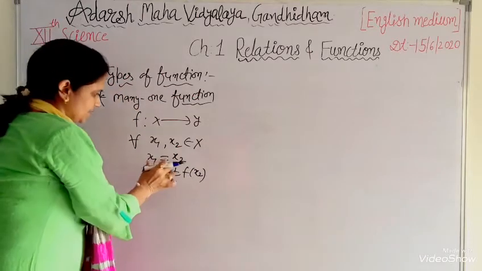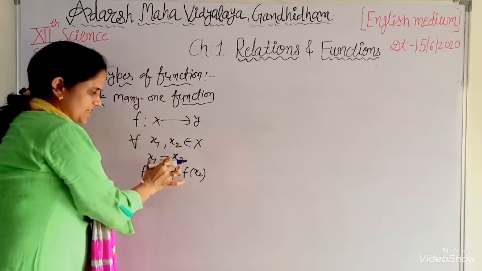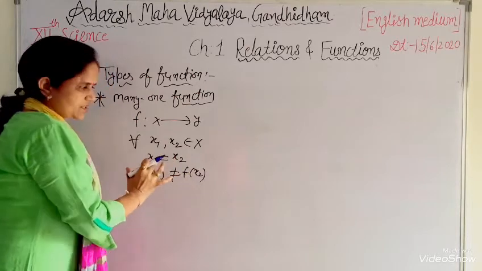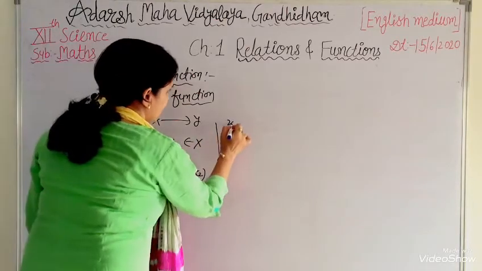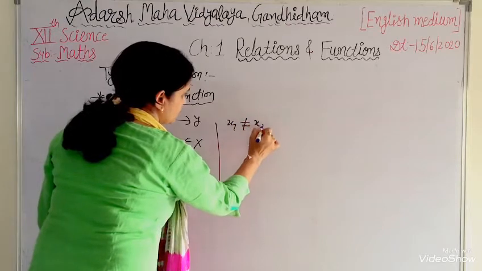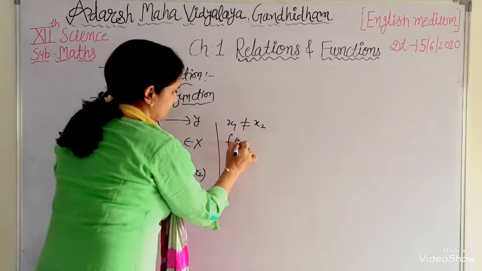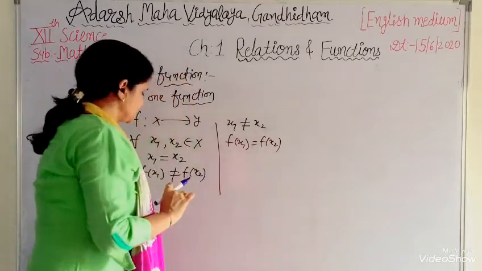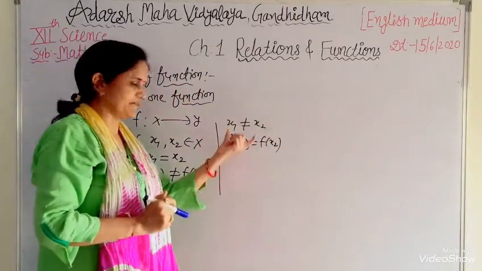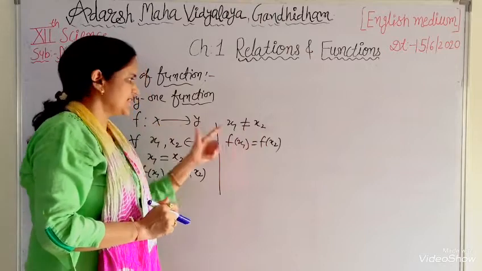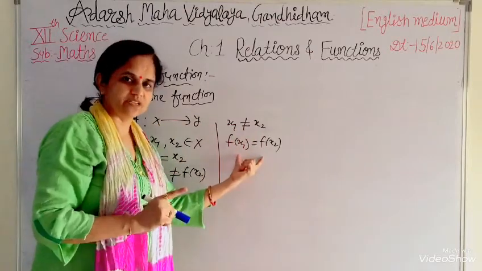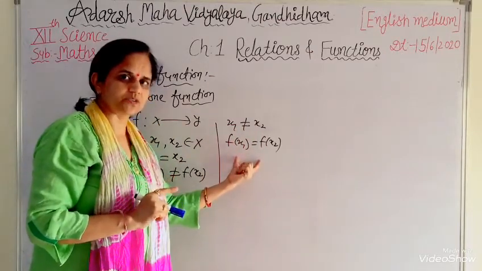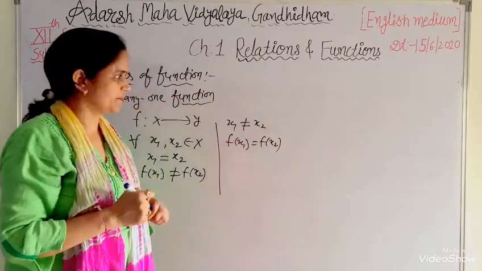It means if the elements are same, then images are not same. And if x1 is not equal to x2, but f(x1) is equal to f(x2). It means, student, the different elements of set X have the same image. This type of function is known as, student, many-one function.